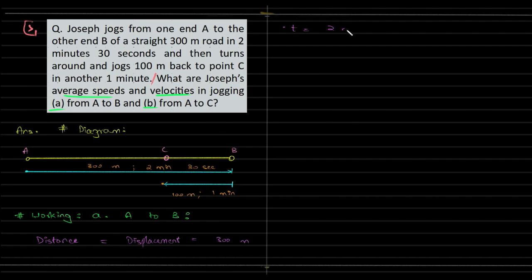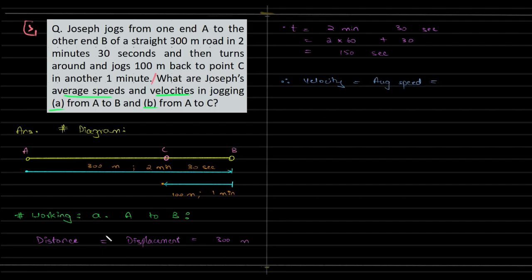And time is 2 minutes 30 seconds. So we have 2 into 60 plus 30. So that would be 150 seconds. Okay, next thing is velocity, and we have average speed.